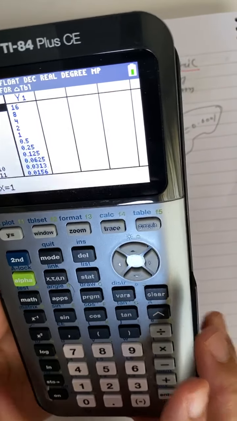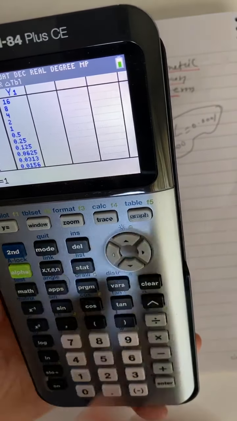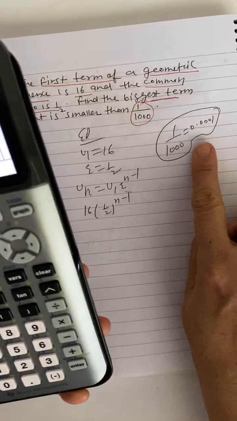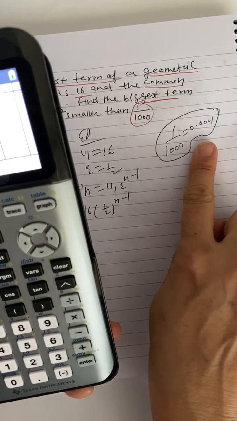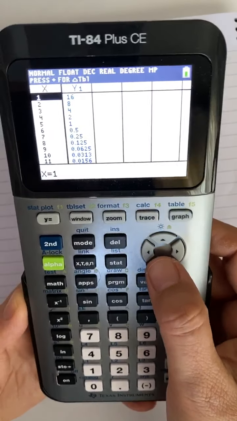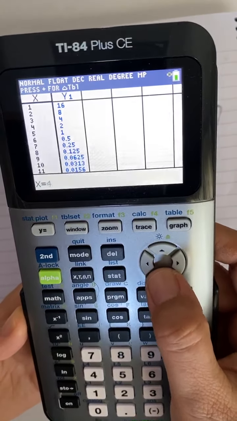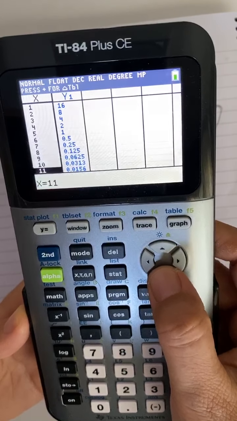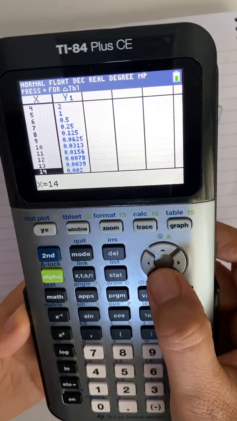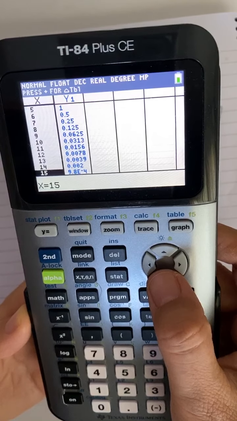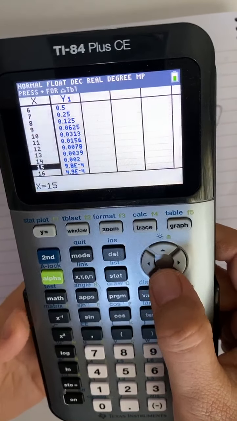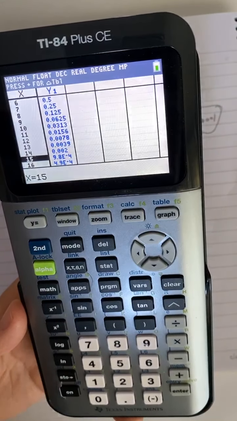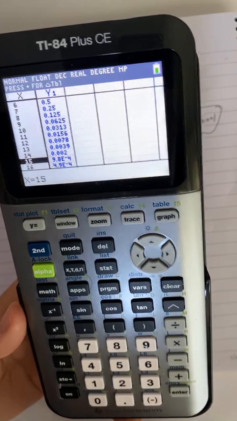So you can make this table and you can see, because we are looking for the biggest term that is smaller than 1 over 1000. So let's have a look here. Keep on scrolling. It seems like your 15th term is 9.8 e raised to the power negative 4.